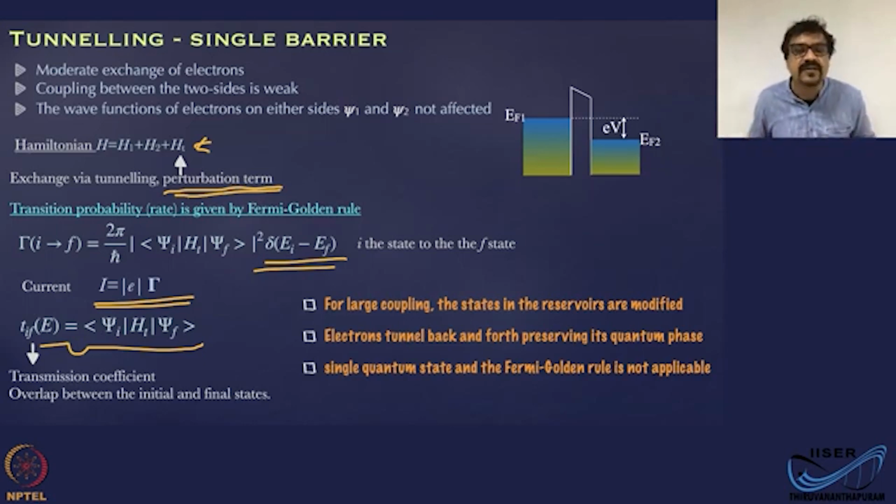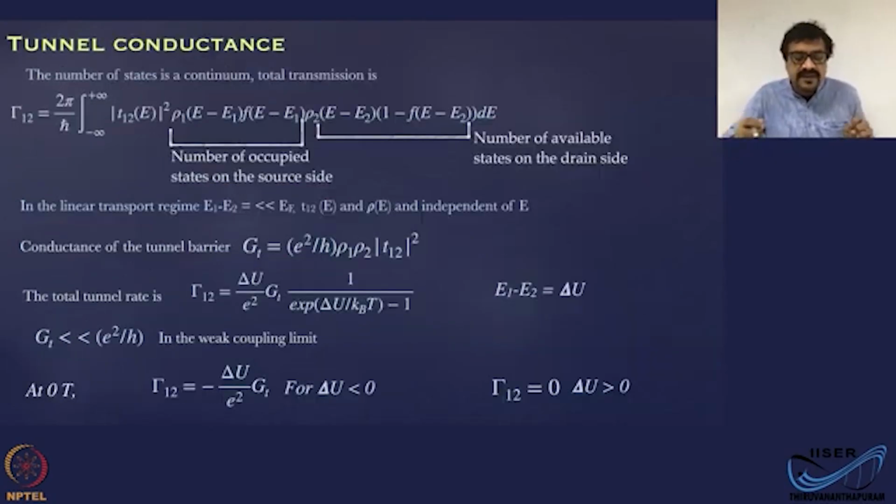Okay. Now this is the tunnel rate from one of the initial states to another final state on the other side of the tunnel barrier. Okay. Now let's calculate the total tunnel rate from the source side to the drain side.